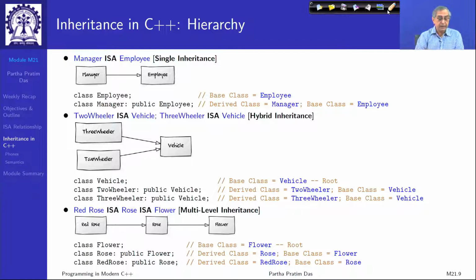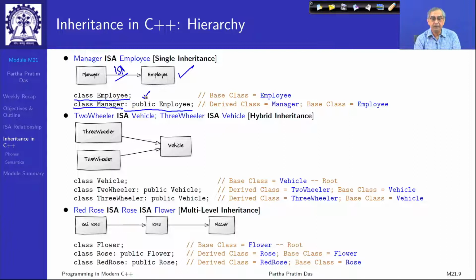So, following that, when we have manager is an employee, we have a class employee, which is a generalized class, and then we define class manager, and this information of ISA is captured by this syntax. We put a colon after the specialized class, the manager. We use the keyword public, and this use of the keyword public is different from the use of keyword public as access specifier.